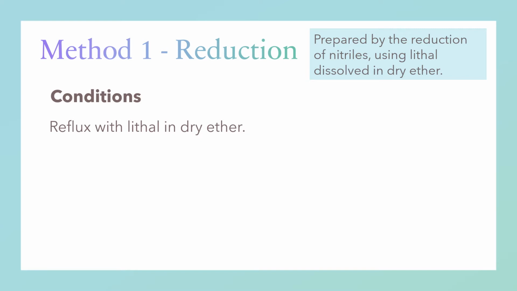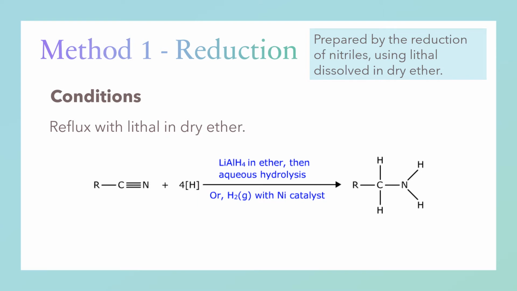Below that, you'll see we've got the example of the reduction of ethane nitrile. And what has happened here is I have just put in a general equation rather than going for ethane nitrile. So you can either just write beside this general equation, or you can manipulate this and change it into ethane nitrile. But you can see I've got the nitrile there on the left with its R group.